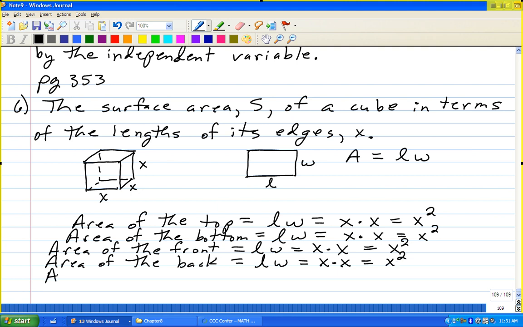The area of, well, let's say the right side, again, this is a rectangle, it's a square, each side of which is length x.